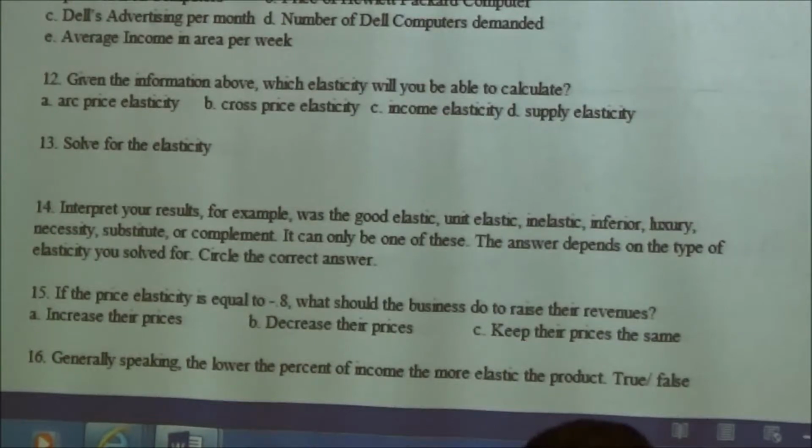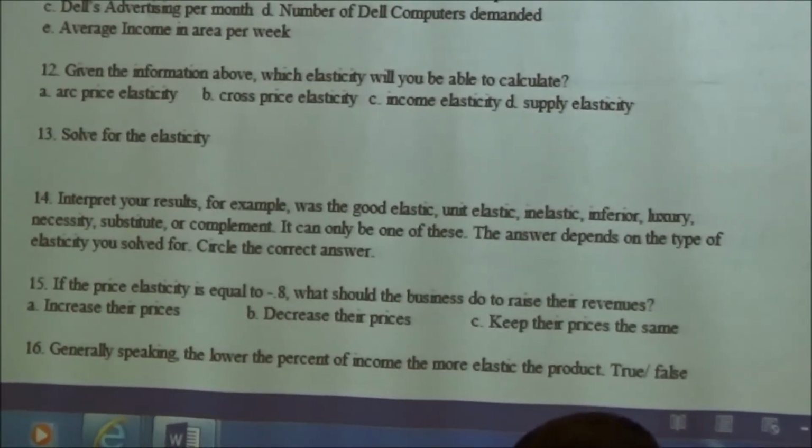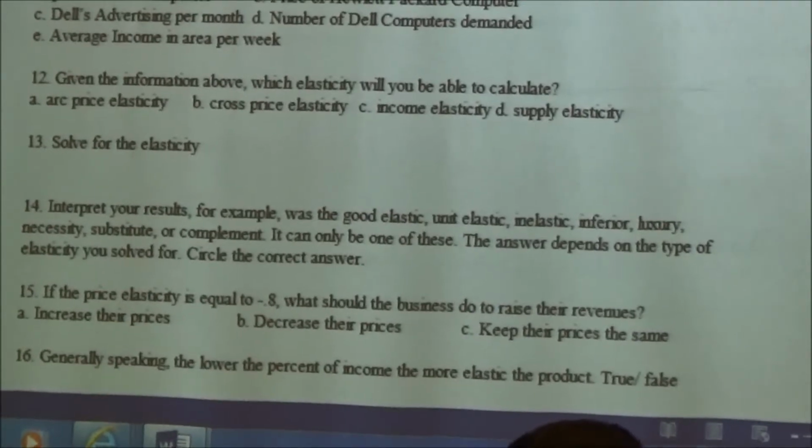Number 17 is elastic, because when the price goes down, the total revenue goes up, so that causes it to be elastic. Number 18, there's a decrease in total revenue by 1,800. Number 19, the profit would be 6,600.